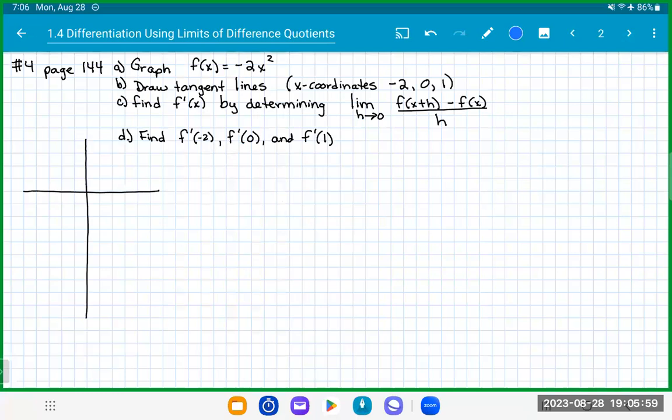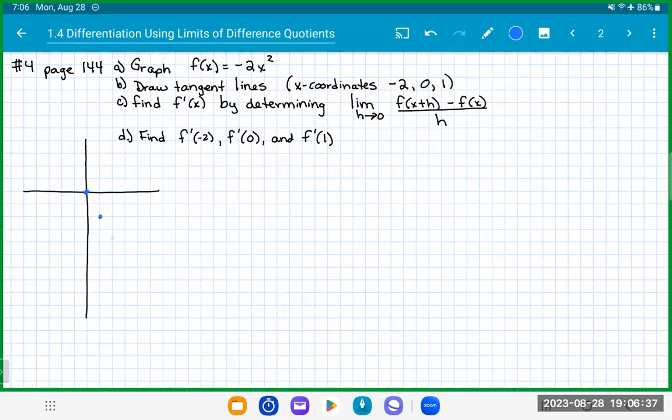When we move over to this page, we can look at an example. The first thing we are asked to do is to graph the function negative 2x squared, okay? So if x is equal to 0, that's negative 2 times 0, so that's 0. If x is positive 1, then that's 1 squared times negative 2, so that's negative 2. If x is 2, then 2 squared is 4 times negative 2, which is negative 8.